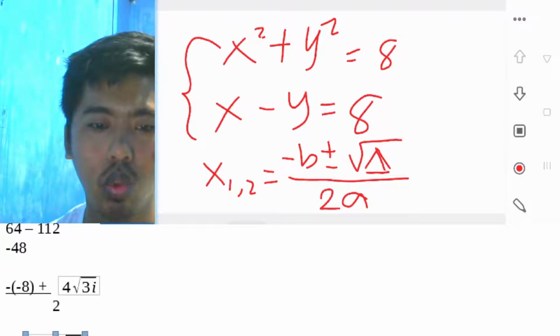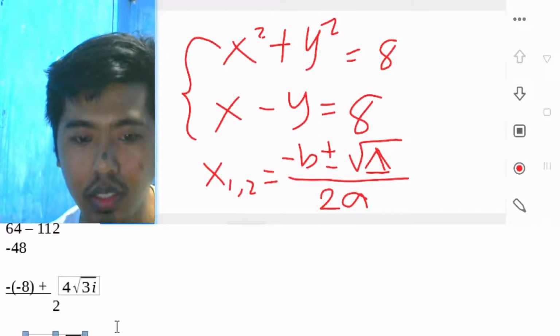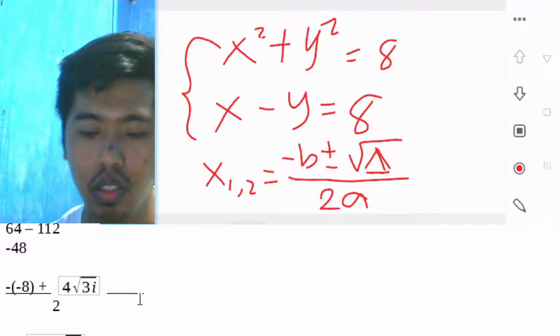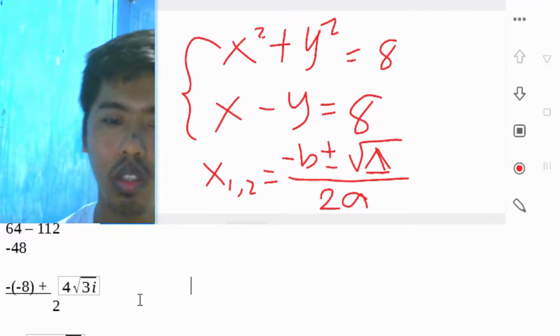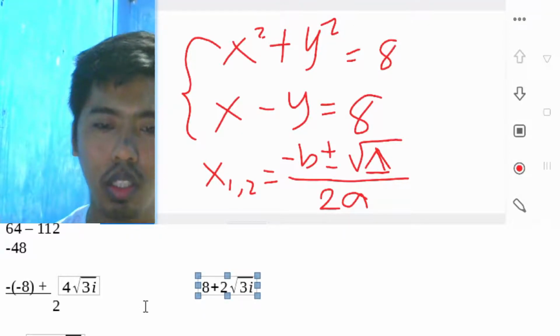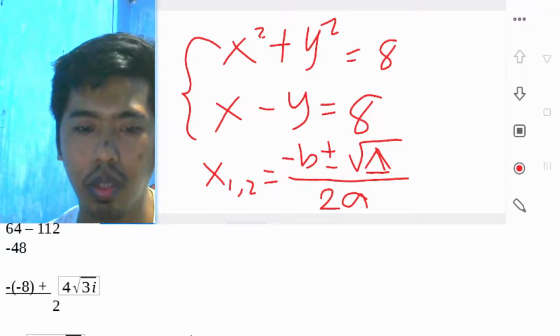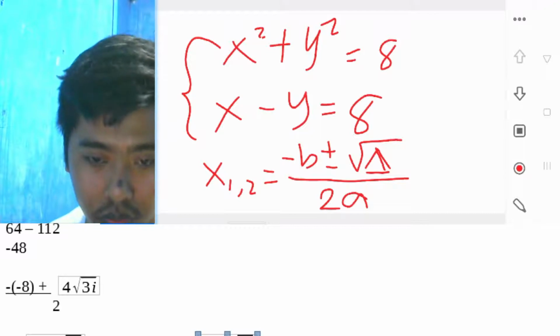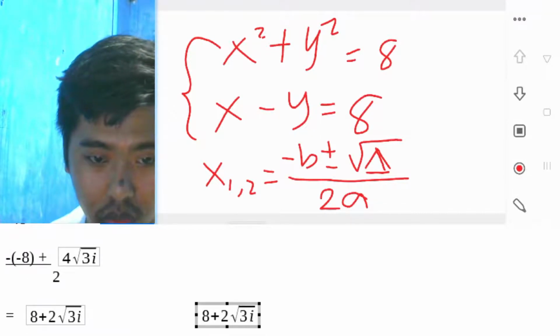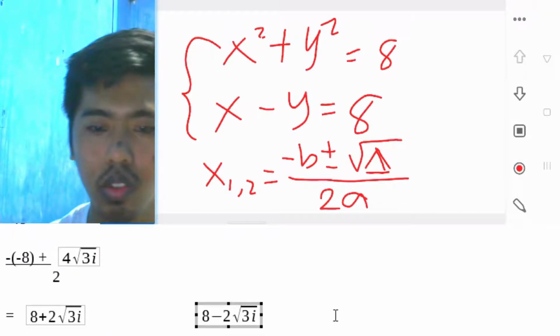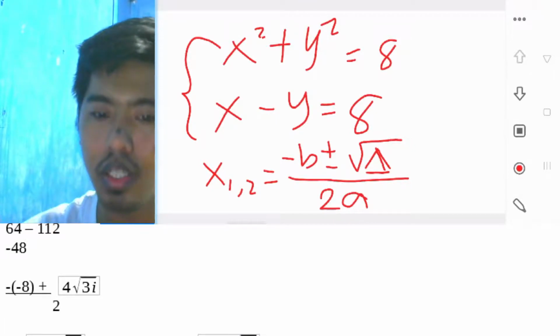Then the next one, katong plus minus here, it should be negative. Here na part should be negative. Okay. So mao na siya ang value sa atong x, guys.